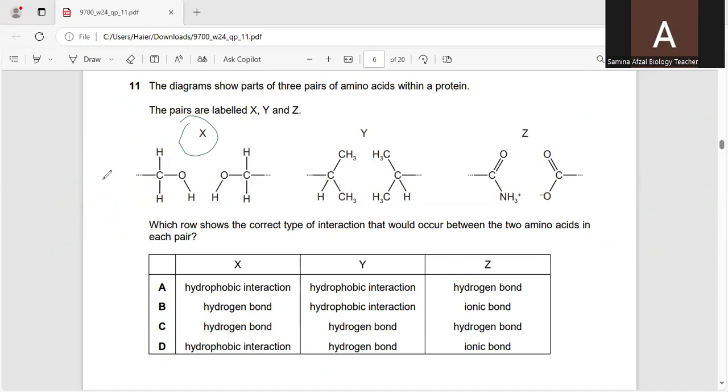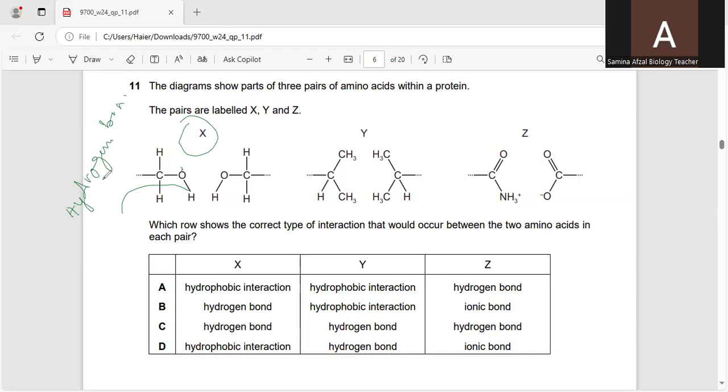First of all, X: you can see the bond is formed between oxygen and hydrogen, which is a hydrogen bond. The second, Y: you can see both amino acids are non-polar, they have non-polar side chains, CH3, CH2.